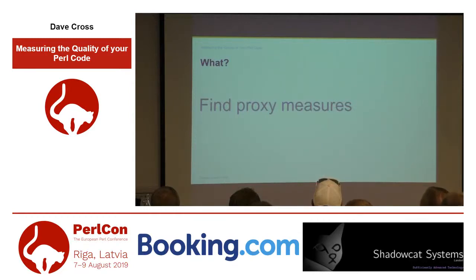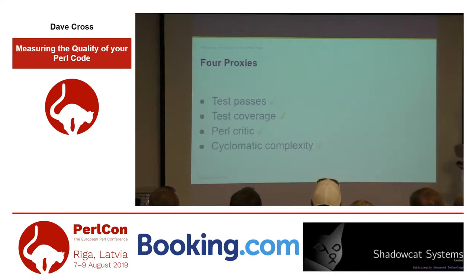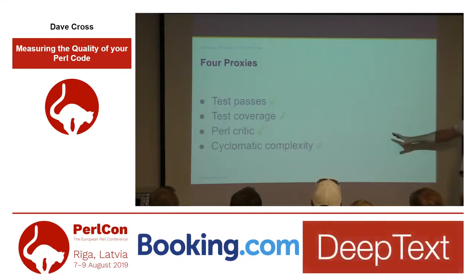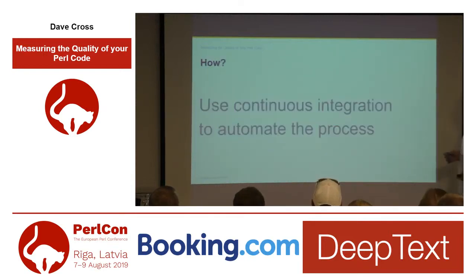You might not agree with the four proxy measures that I chose, but they work for me, and they are particularly easy to trace. But feel free to choose your own, and I'd be fascinated to hear what other measures you might come up with. But the four that I've chosen are covered quite easily with pretty standard tools.